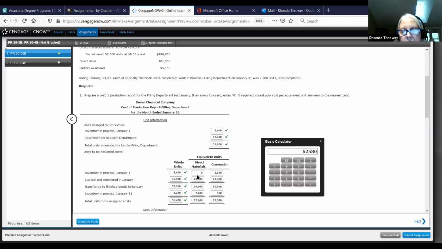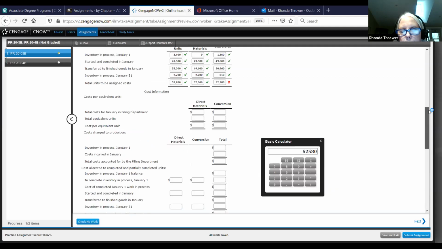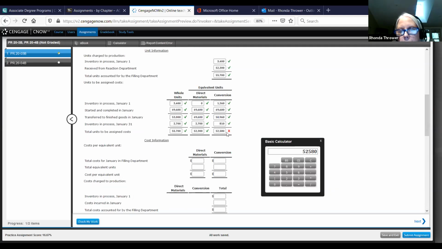Now, it's a really good idea to check your work to make sure that your equivalent units are correct. You cannot go any further with this problem until all of this is finished. So it looks like I added wrong here.